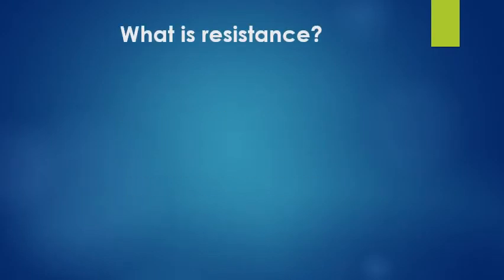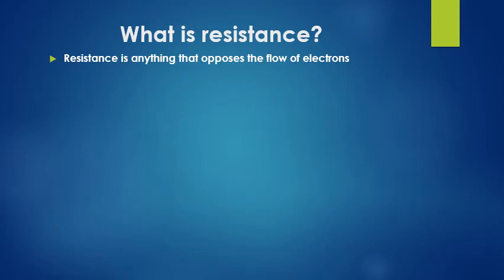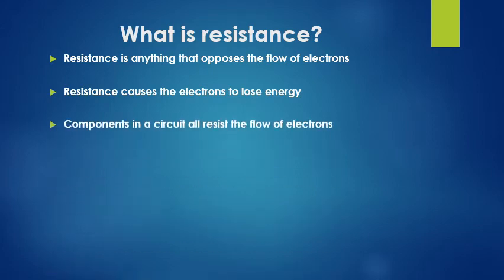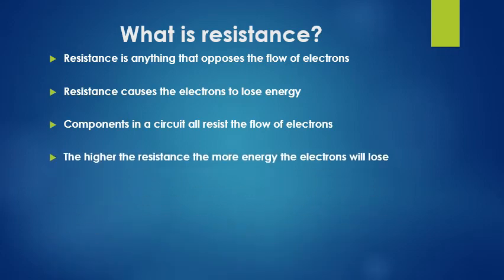What is resistance? Well, resistance is anything that opposes the flow of electrons. Resistance causes the electrons to lose some of their energy. The components in a circuit all resist the flow of electrons. They make it more difficult for the electrons to flow through them, and therefore the electrons will use some of their electrical energy.